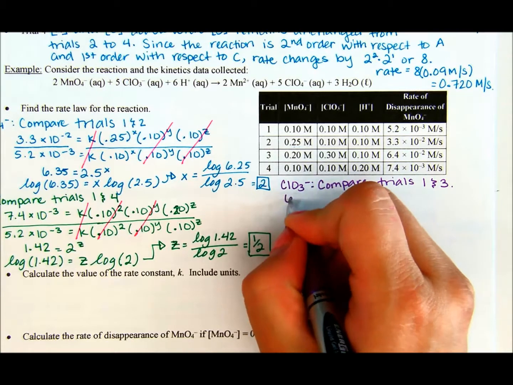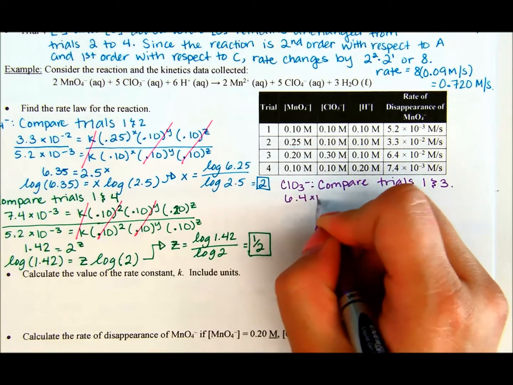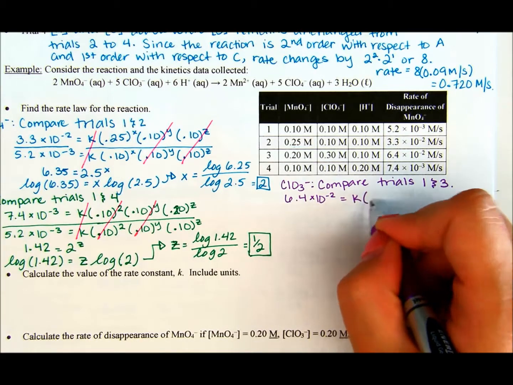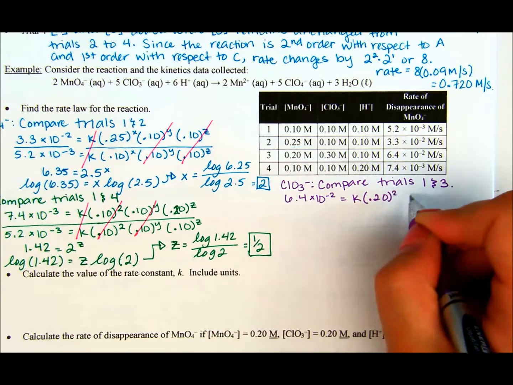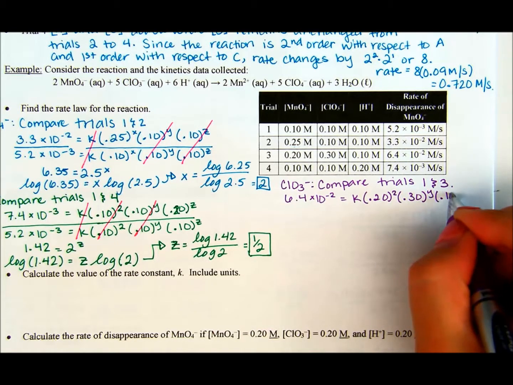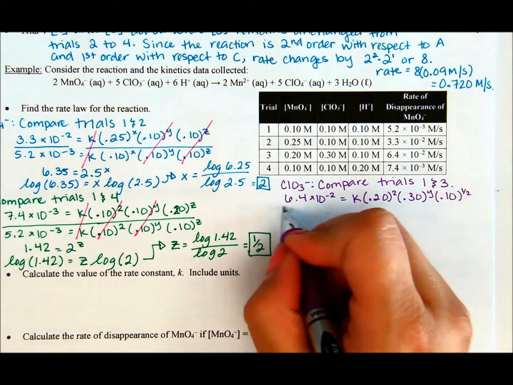So I'm going to take trial 3 on top, so 6.4 times 10 to the negative 2 equals k times 0.20 squared, 0.30 to the y times 0.10 to the 1/2.